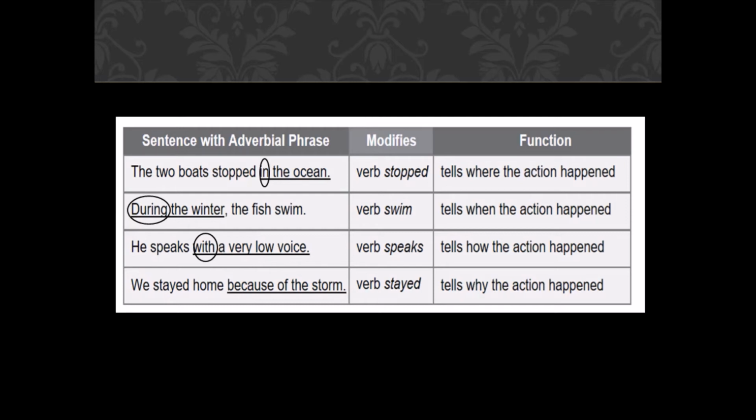And the last sentence is, we stayed home because of the storm. Our adverbial phrase is because of the storm, which modifies the verb stayed. Now, the first word in the phrase is because, and it tells why the action happened.